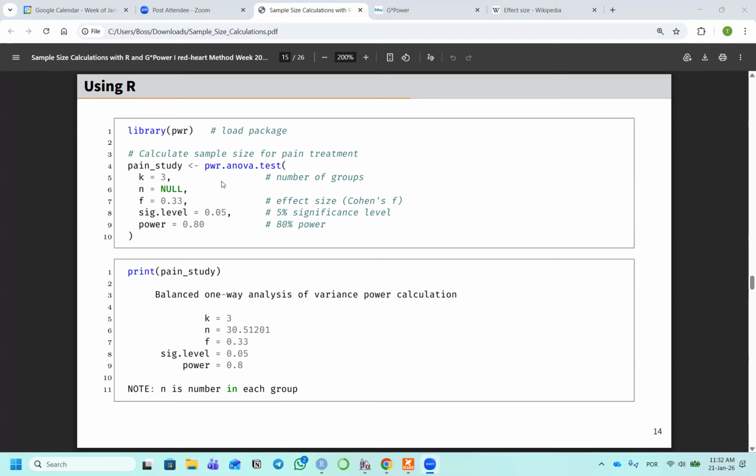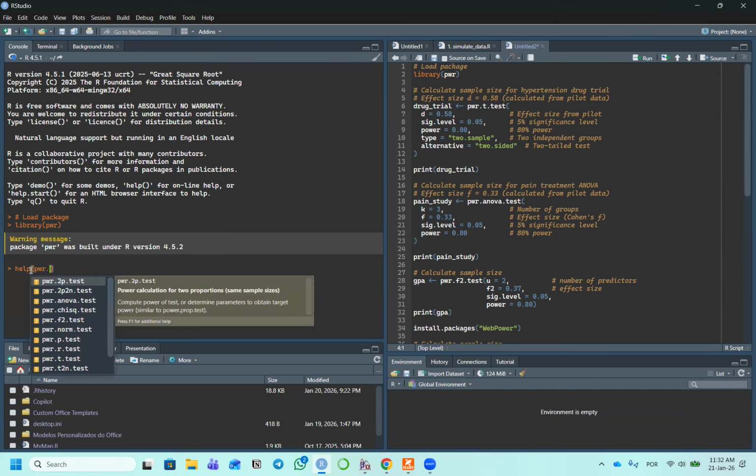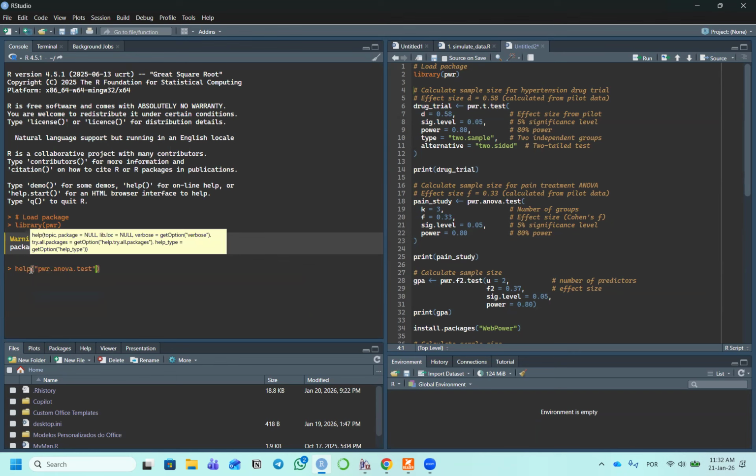You can set n equal to NULL and f is 0.33, and the basic thing is you have to use pwr.anova.test. If you have already installed R, you can type the help command before pwr.anova.test.